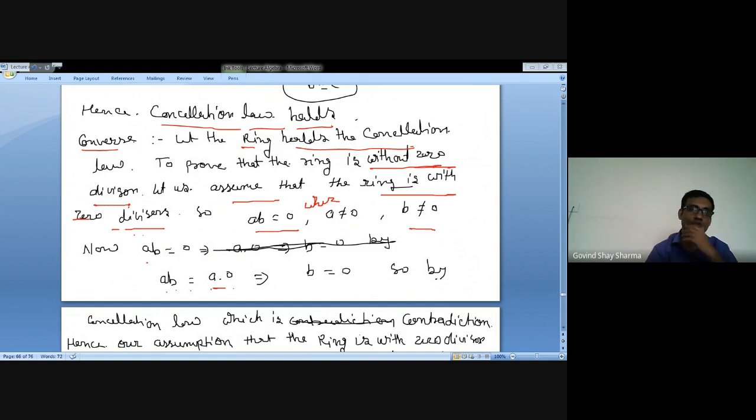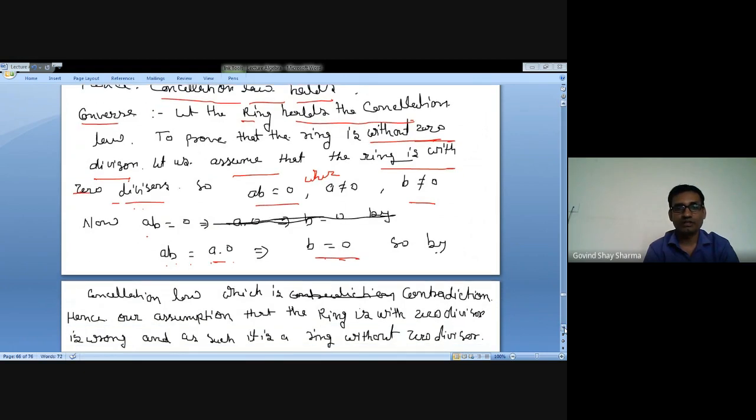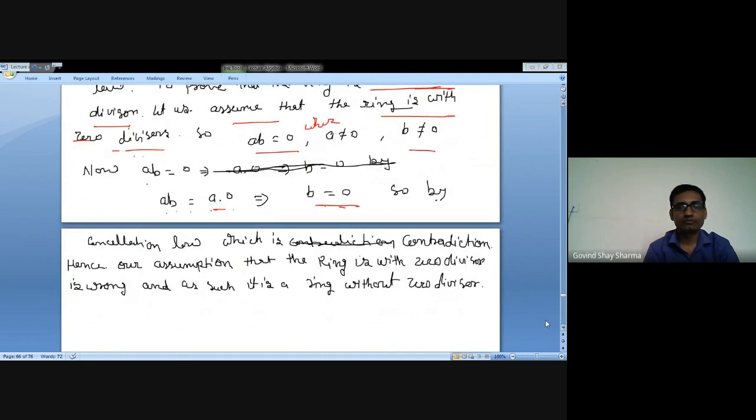We know that the ring holds the cancellation law. So by cancellation law, A cancels and B is equal to 0, which is a contradiction. We assumed that the ring has zero divisors, but there is a contradiction. So we can say that the ring is without zero divisors.